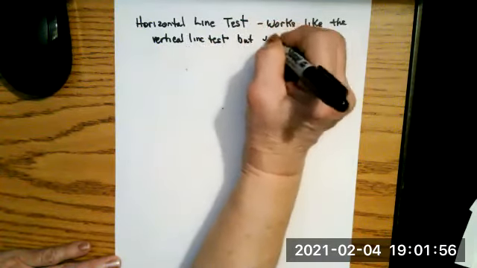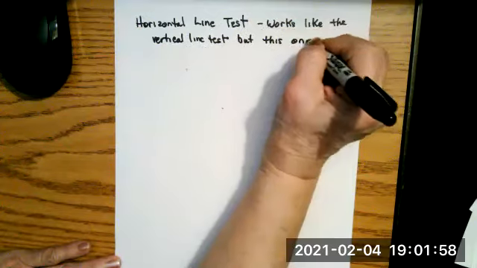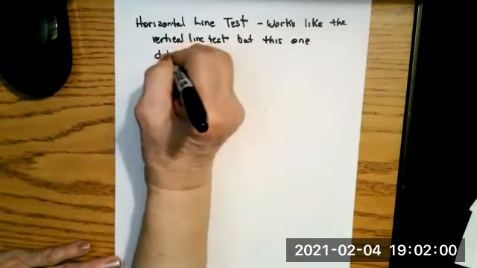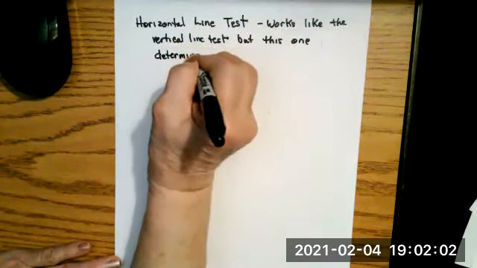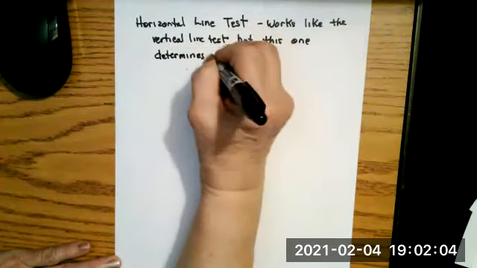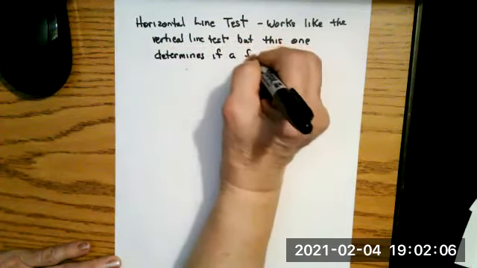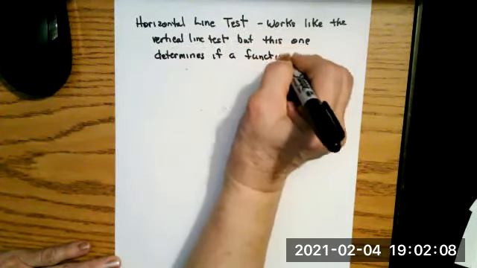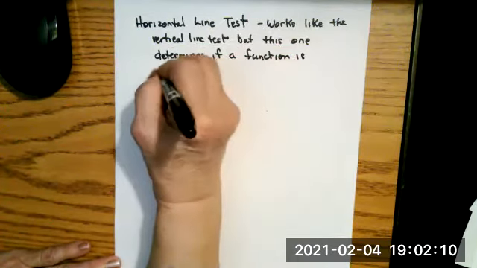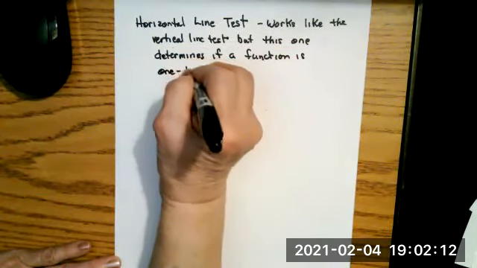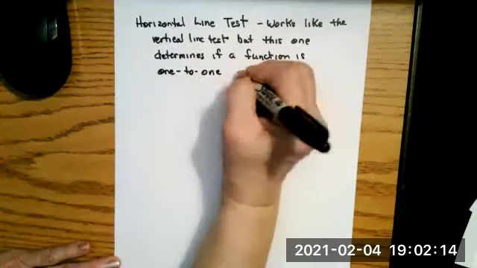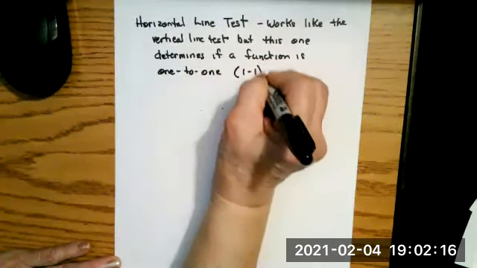But this one determines if a function is 1 to 1. And you'll see me abbreviate 1 to 1 like that.